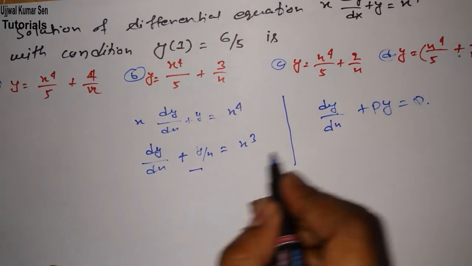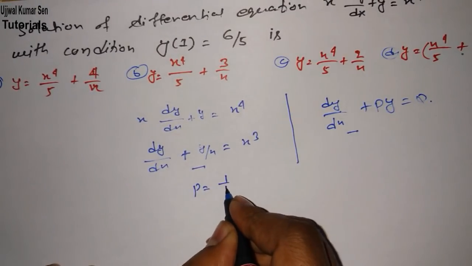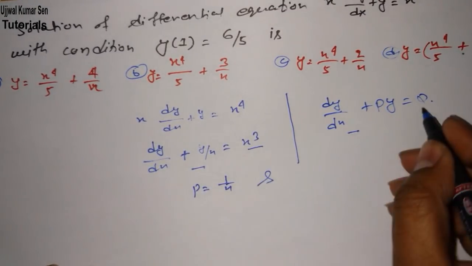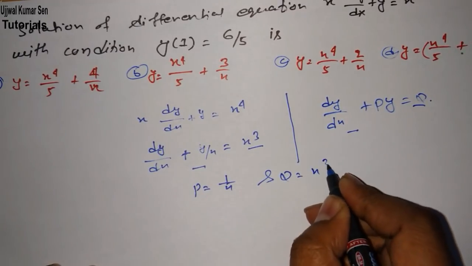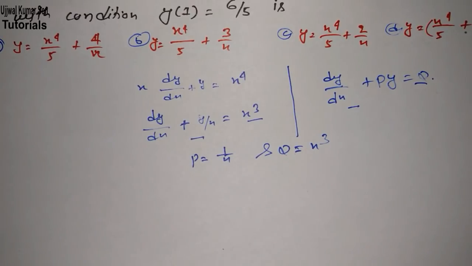Now compare these two equations. The value of P here is 1/x, and the value of Q is x cube. Once we get these two values, we have done half of our job.